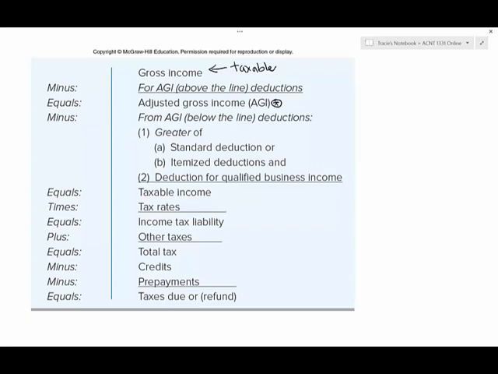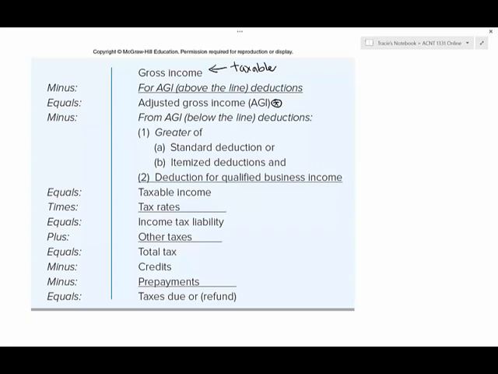Adjusted gross income is also used later in the tax return calculation to determine things like the amount of your itemized deductions and also the amount of credits that you get. So the AGI is an important number on the tax return.